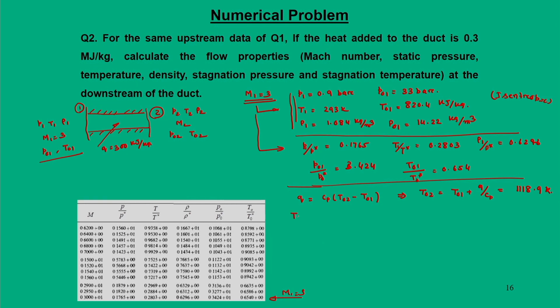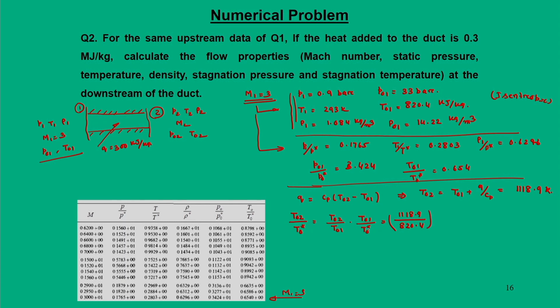Then I can find out what is T naught 2 by T naught star. So, this is nothing but T naught 2 by T naught 1 into T naught 1 by T naught star. So, I can write this is 1118.9, T naught 1 is 820.4.